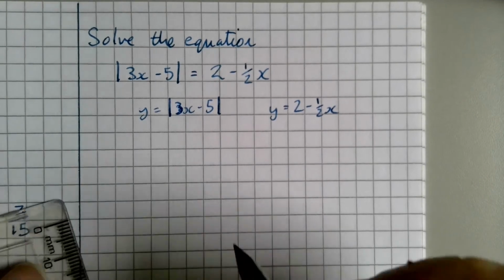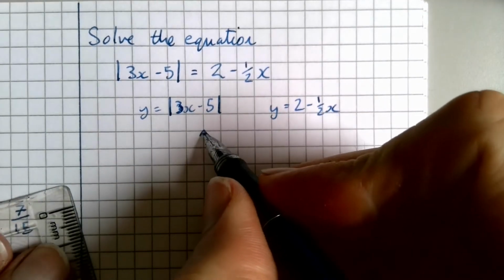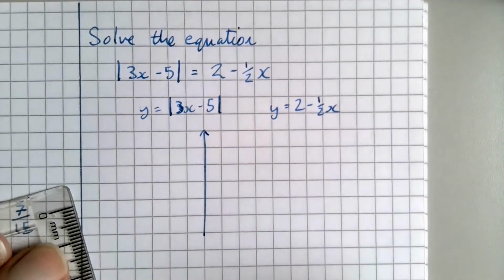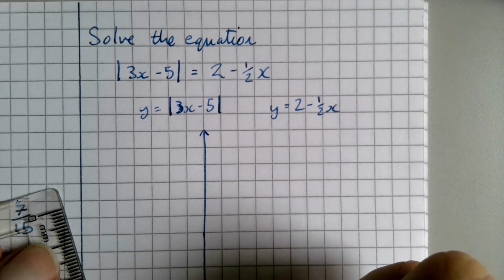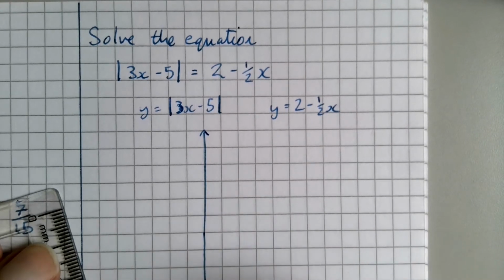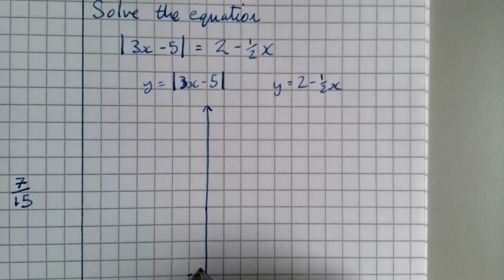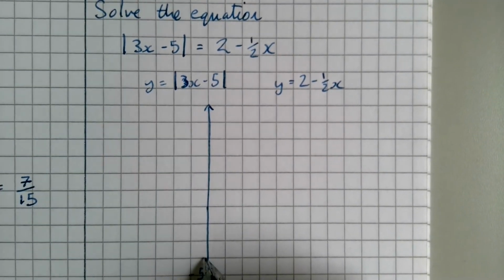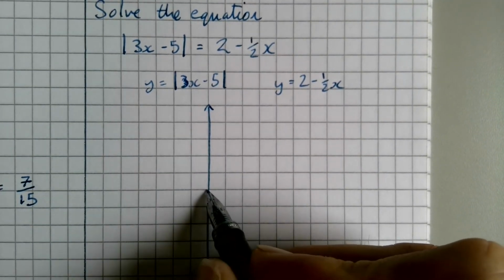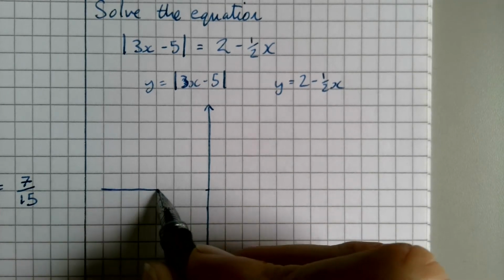So if we go for 3x minus 5 first of all, I know that's going to be taking me right down to, put minus 5 down there, 4, 3, 2, 1, 0.